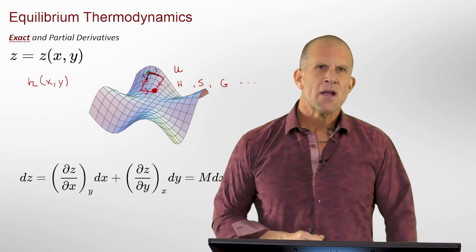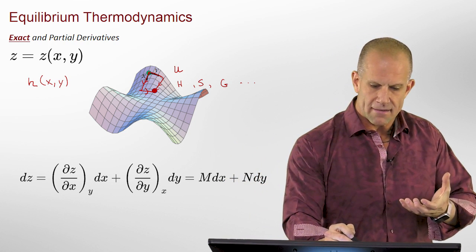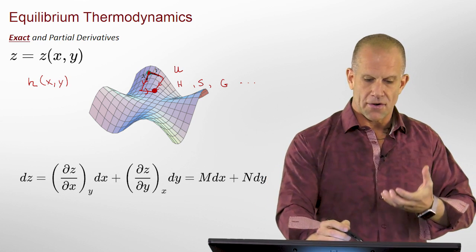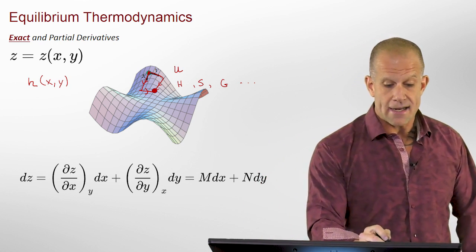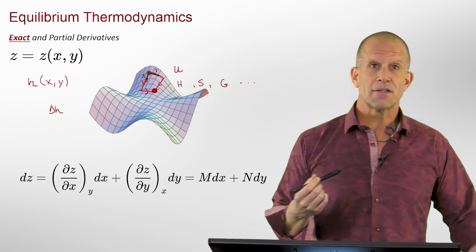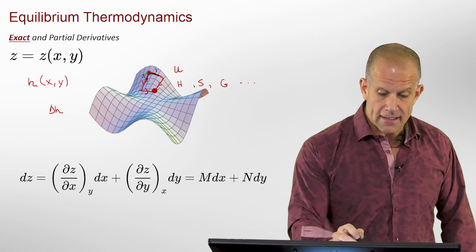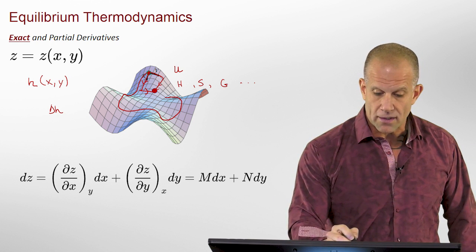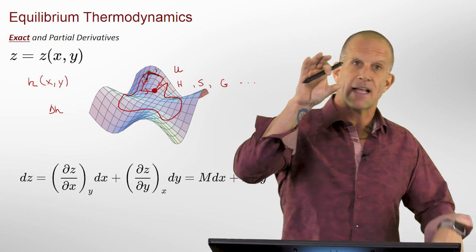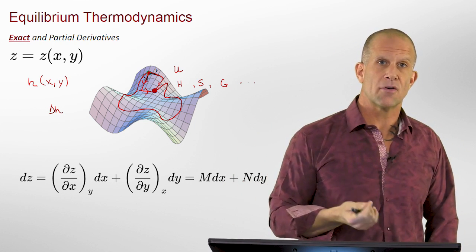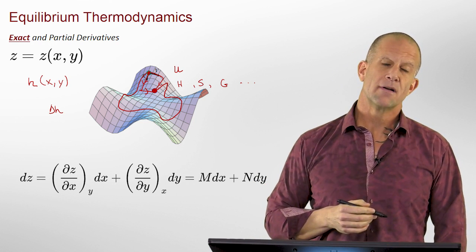If you pull out your altimeter and you're going from one point, say here, to some other point over here, you're going to get the same change in altitude from one to the other, no matter what path you take. It doesn't even matter if you take some really crazy path, you're still going to end up with the same change in altitude.